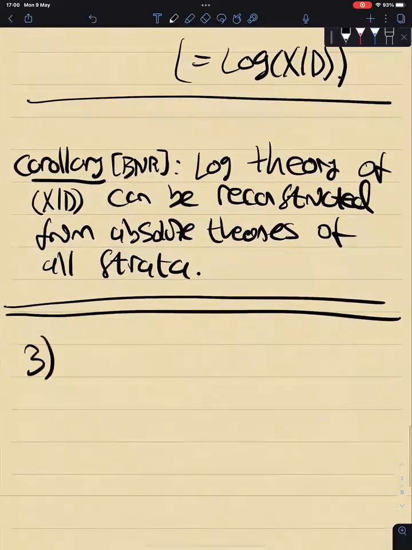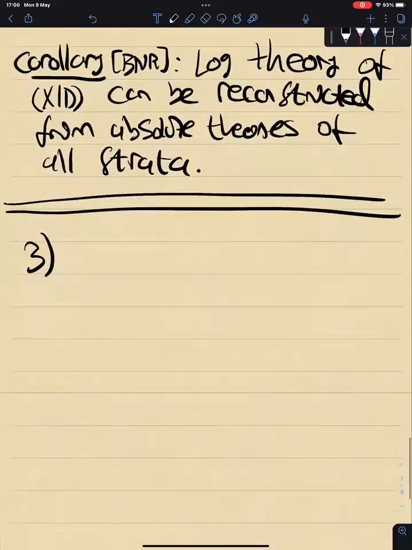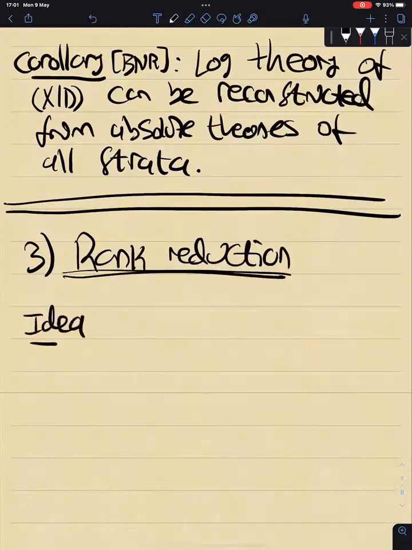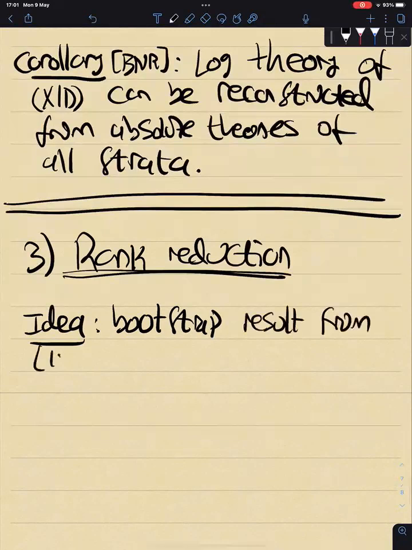Okay, so I'm going to introduce the strategy that we use. The idea is the following. We have this SNC divisor, and what we want to do is bootstrap from the smooth divisor case. We want to bootstrap the result from the known case of smooth pairs.